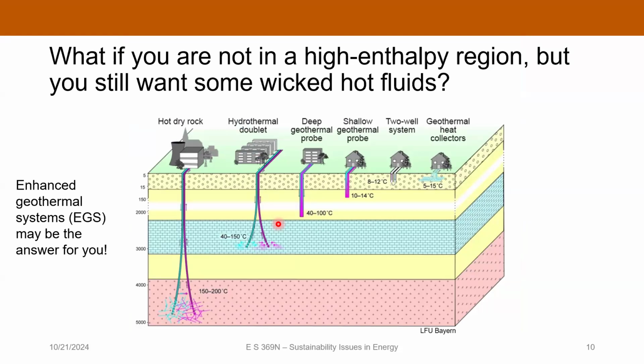And so if you do want to generate utility scale electricity from geothermal, you might have to consider a technique called enhanced geothermal systems. And these are going to be situations where you have to drill down 5, 6, 7, 8 kilometers to get to the very hot rocks that you're interested in.